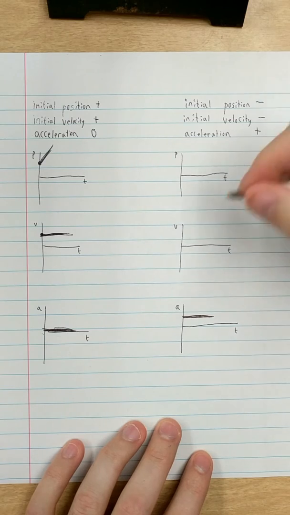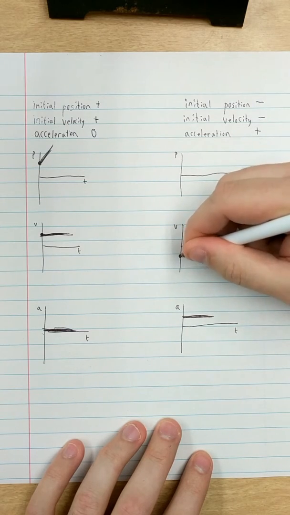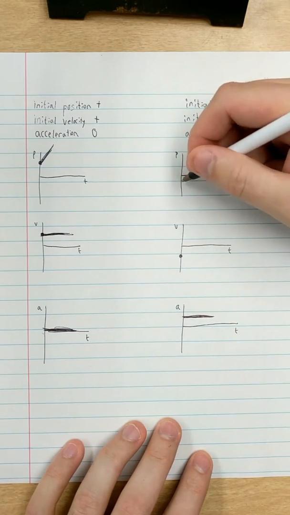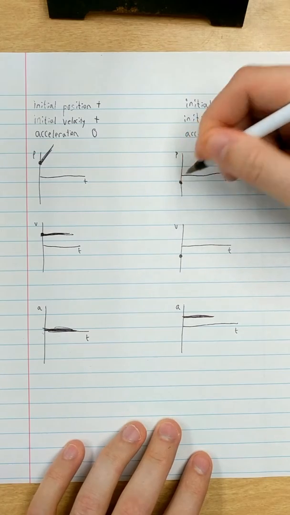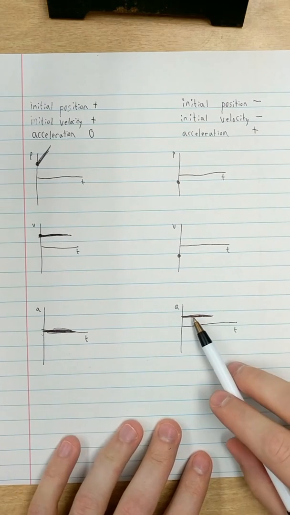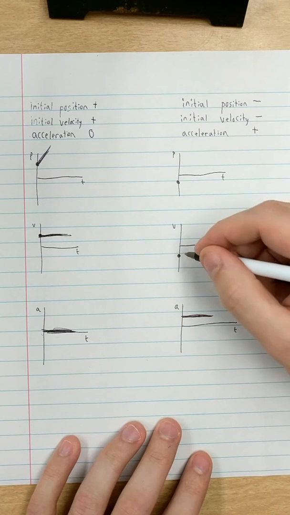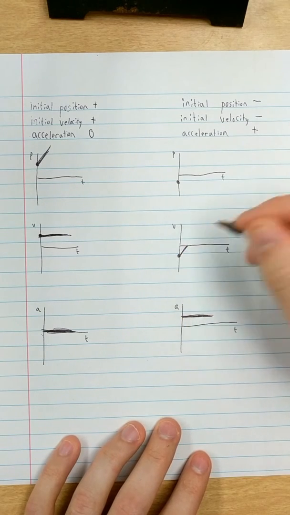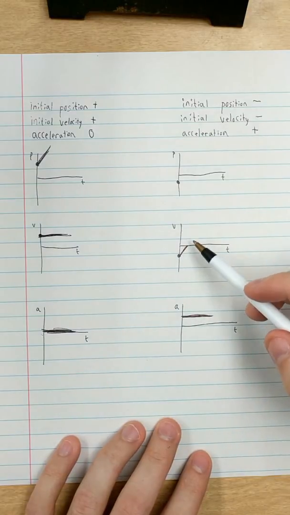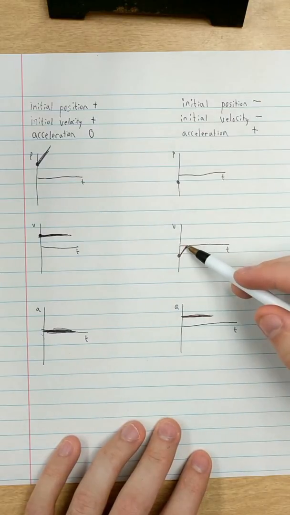My initial velocity is negative, and my initial position is negative. Okay, so look at this as you go through it. This is a positive value, so I need to have a positive slope. So I can do this. Now, where you stop this line, there's nowhere to tell you what it is. You can stop it at the line, you can go through.